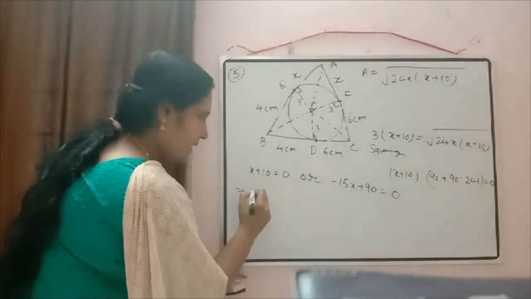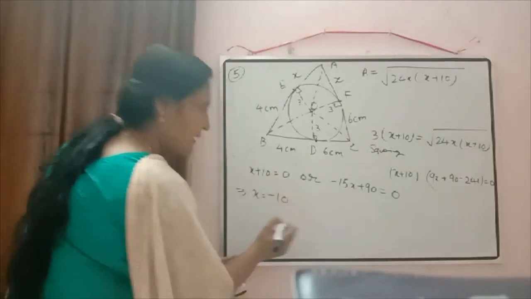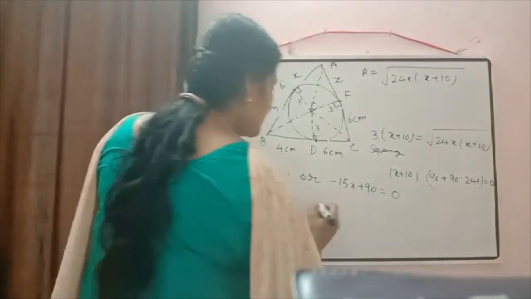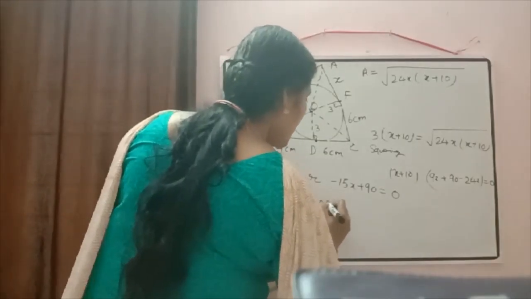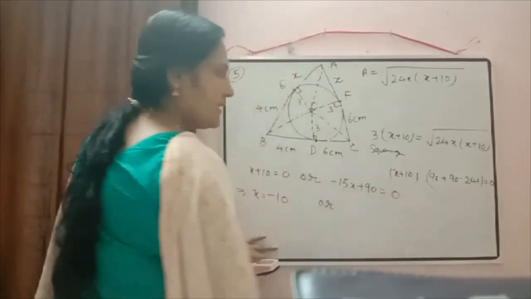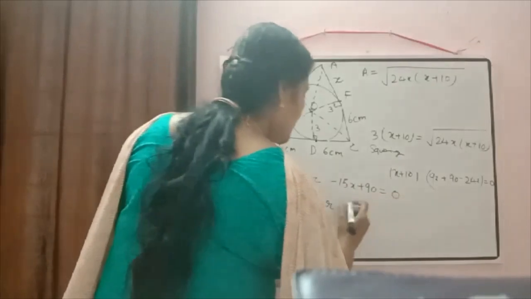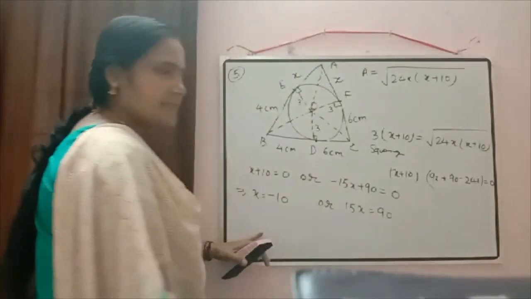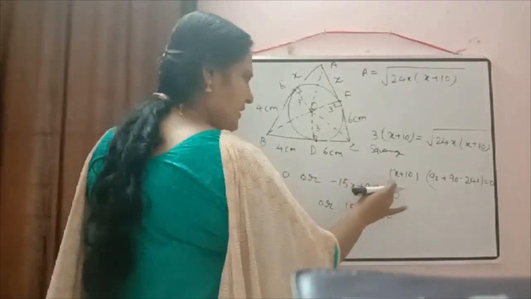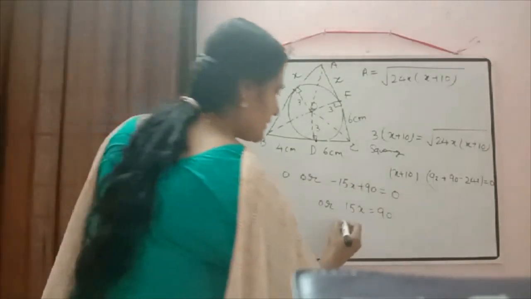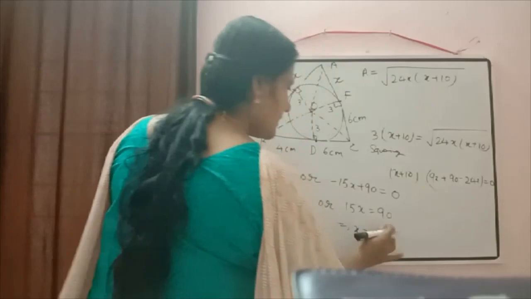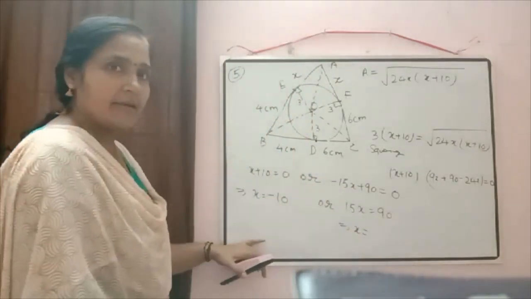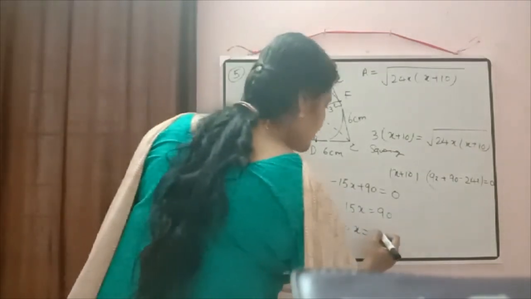If x plus 10 is equal to 0, then we get x is equal to minus 10. Or here, minus 15x plus 90 is equal to 0. So 15x we can shift to the right hand side. Then we get 15x is equal to 90. Shifting means we are changing the position. So from here we get x is equal to 90 divided by 15. 15 times 6 is 90.